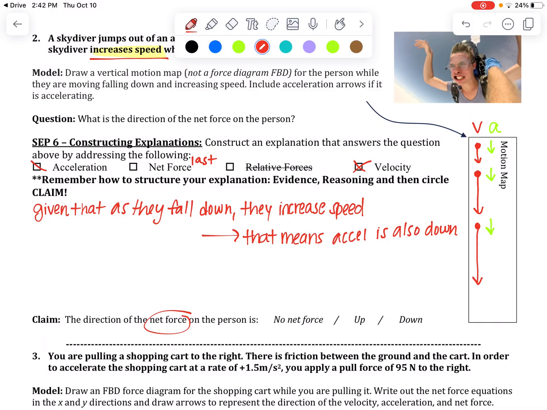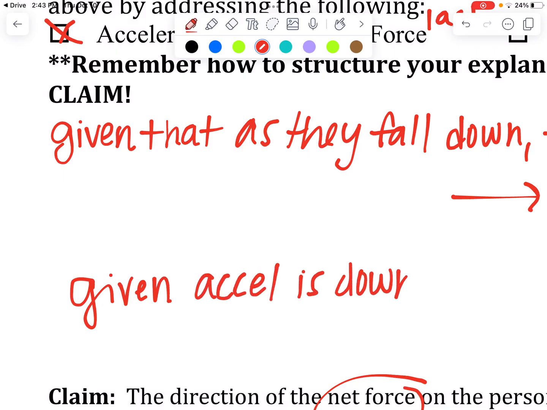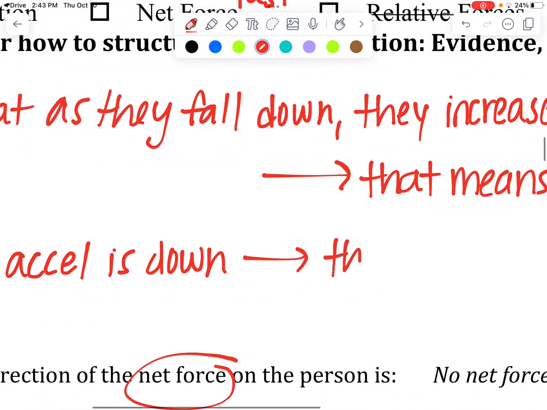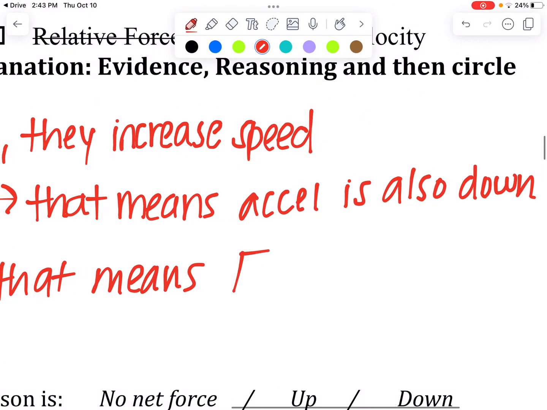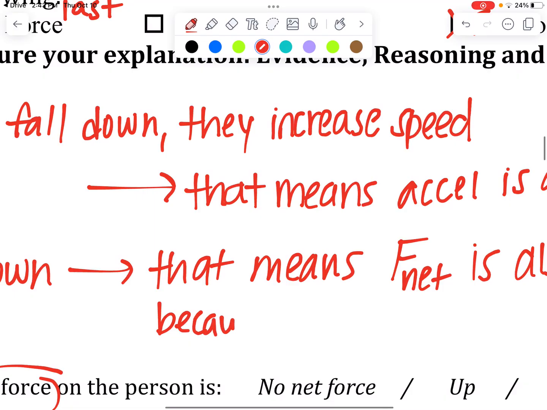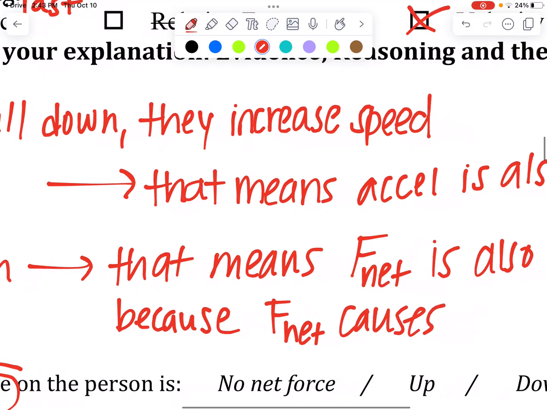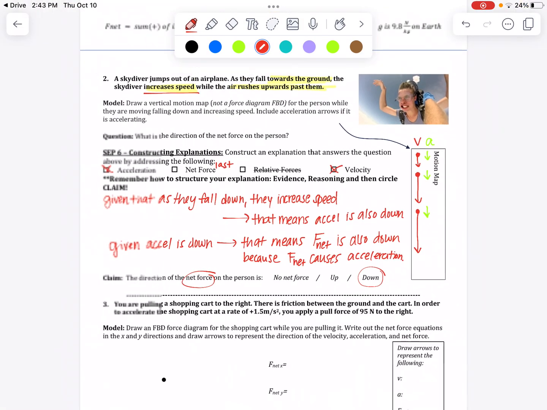So then now I've talked about acceleration. I can get to net force, so that means net force is also down. And then this phrase you need every time, because F net causes acceleration. And I've answered my question.